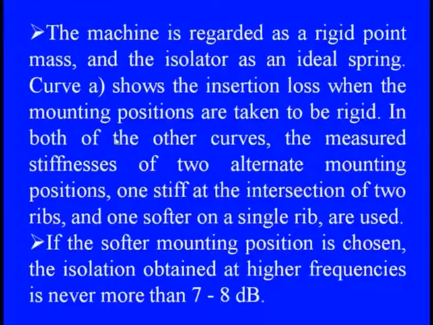The curve clearly says that this nonlinearity comes from the variation in stiffness, and this stiffness variation is of a nonlinear nature. So the insertion at these two ribs, one softer and one stiff, clearly shows the nonlinear variation.